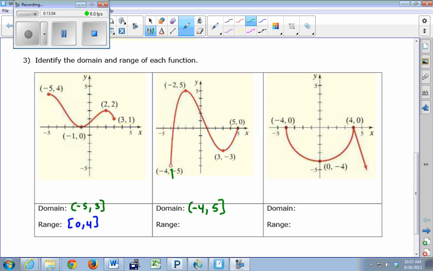Okay, how about the range? Table 3? Right. Similarly, you take the output here with a parenthesis because it's not included as a defined value of the function. Okay, domain, table 4 for the third one.